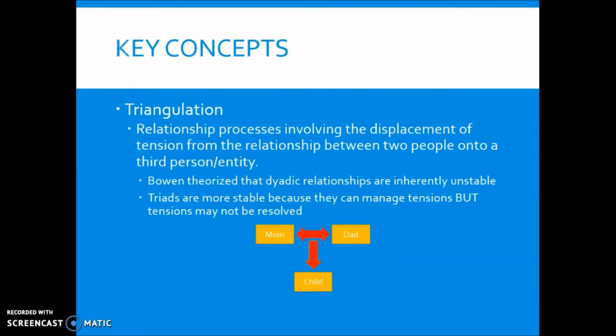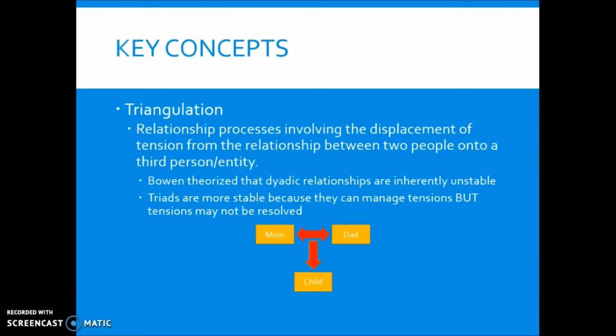Bowen believed that dyads, or relationships involving two people, were inherently unstable, because if one person became distressed or unhappy, then that would cause tension in the relationship and throw it out of balance. He saw triads, or relationships involving three people, as more stable because they can manage the tension. The tension between the original two people can be displaced onto a third in some way.